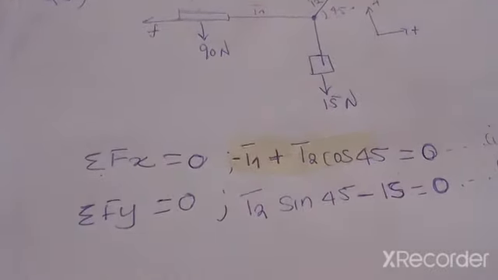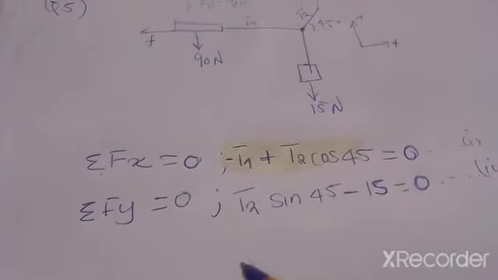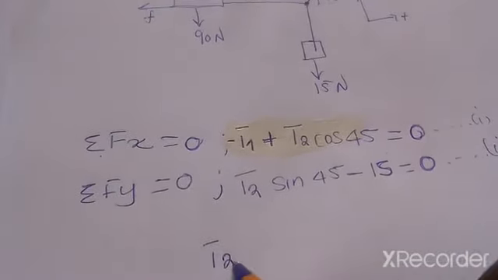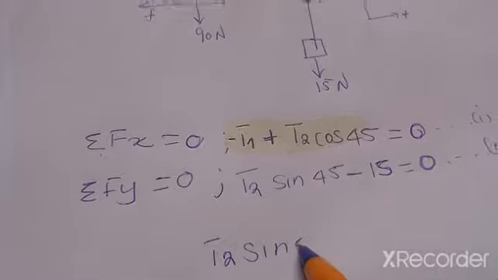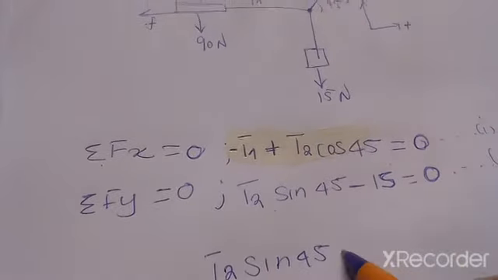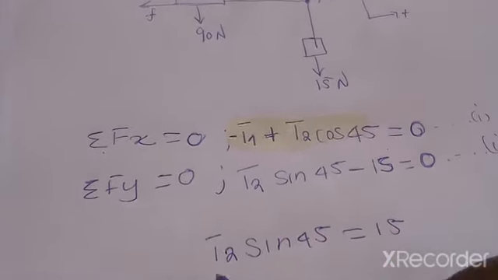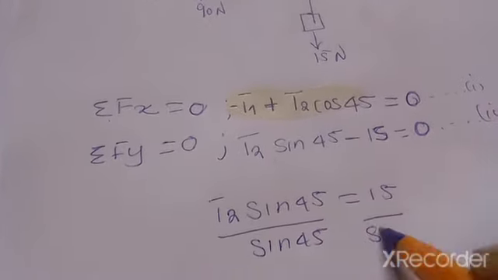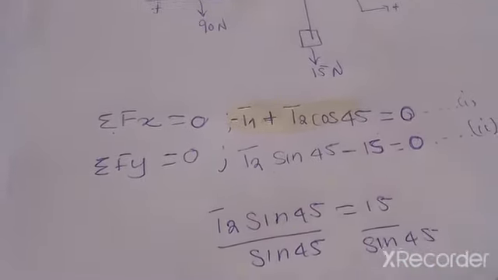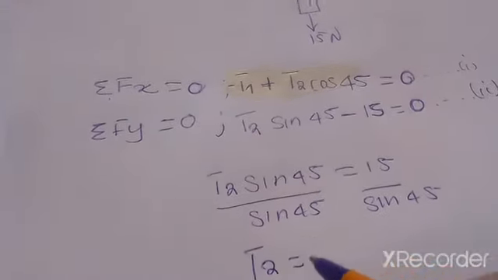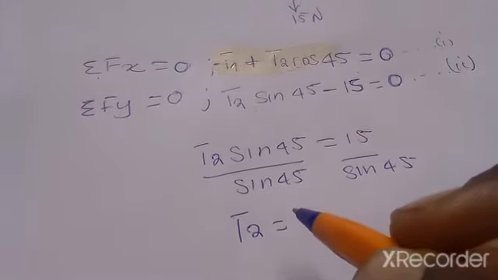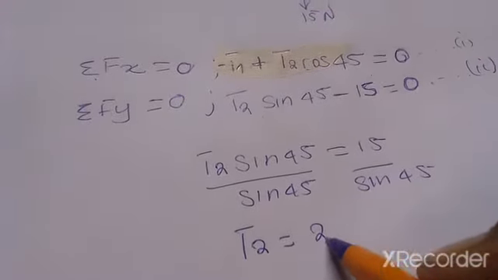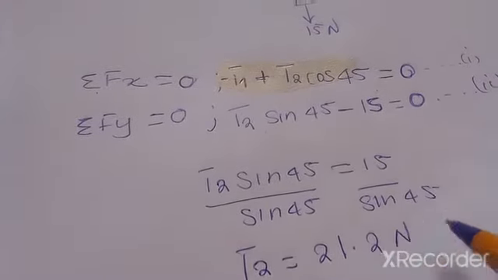To find T1, we can use equation 2. This will be T2 sine 45 being equal to 15. So divide by sine 45 on both sides, and T2 is going to be equal to 21.2 newtons.